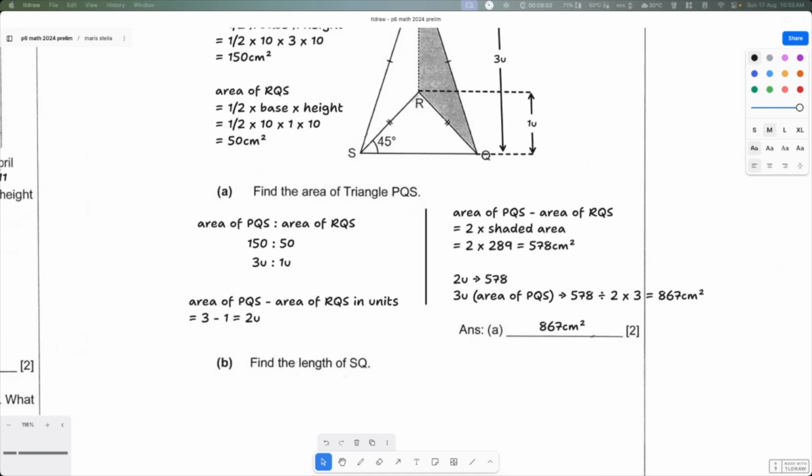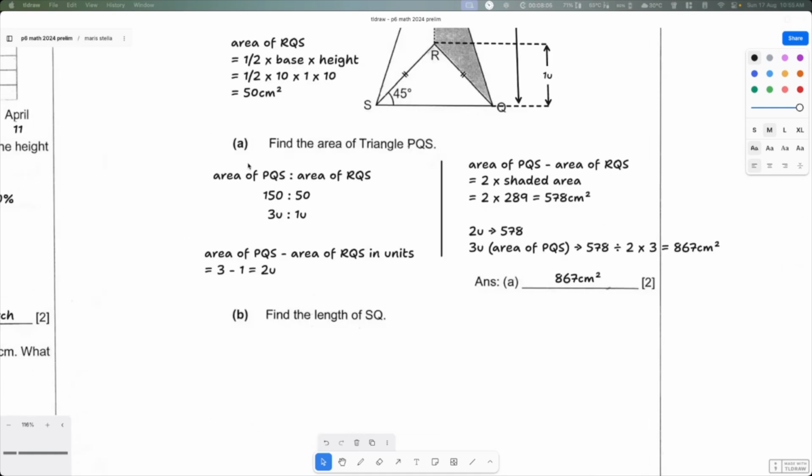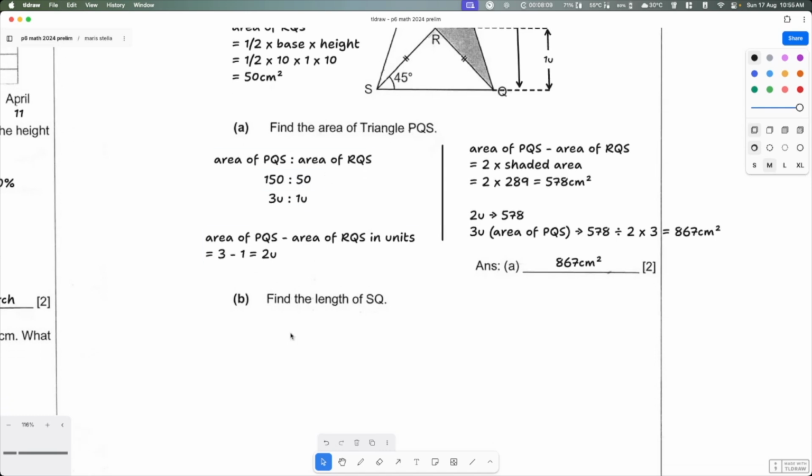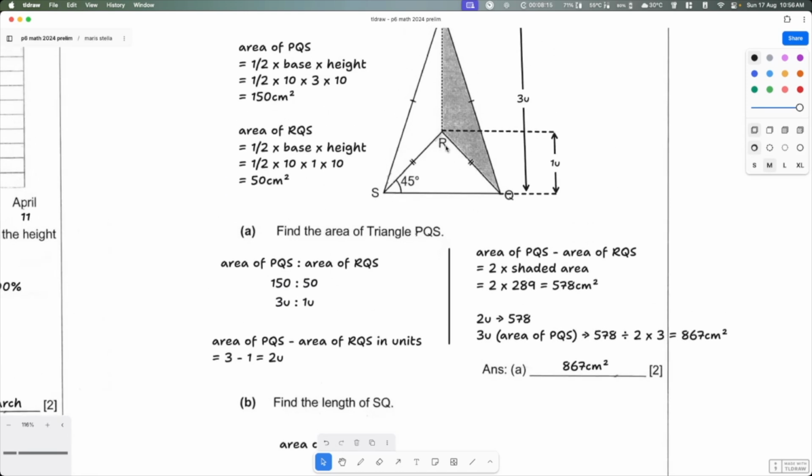So the area of RQS is basically in this case over here. So I'm going to draw a line. RQS here, 1, 2, 3 and 4.